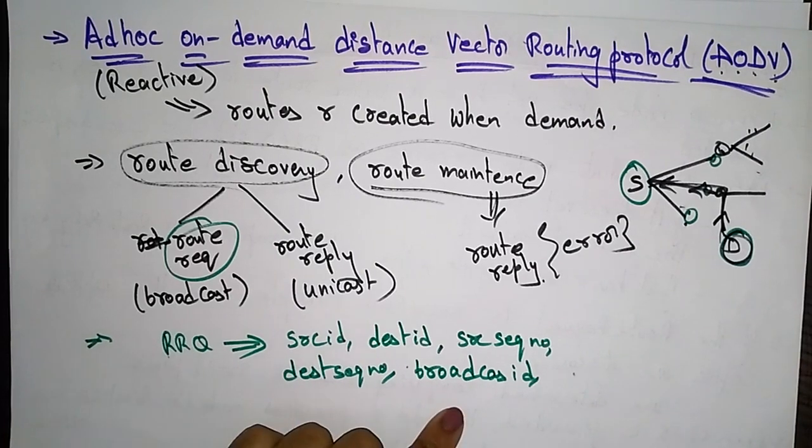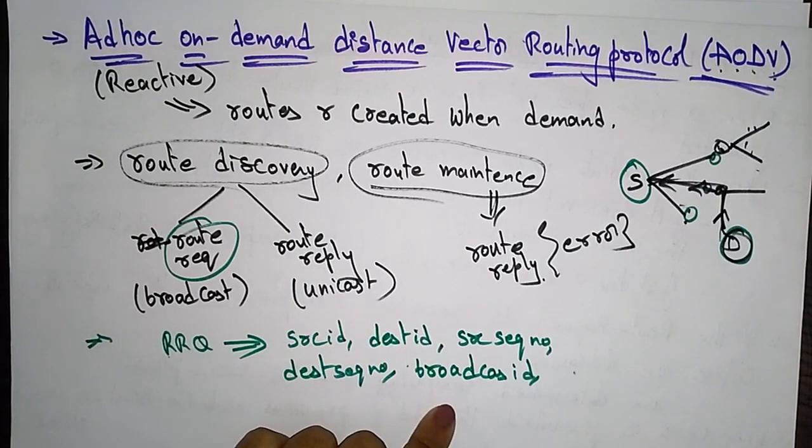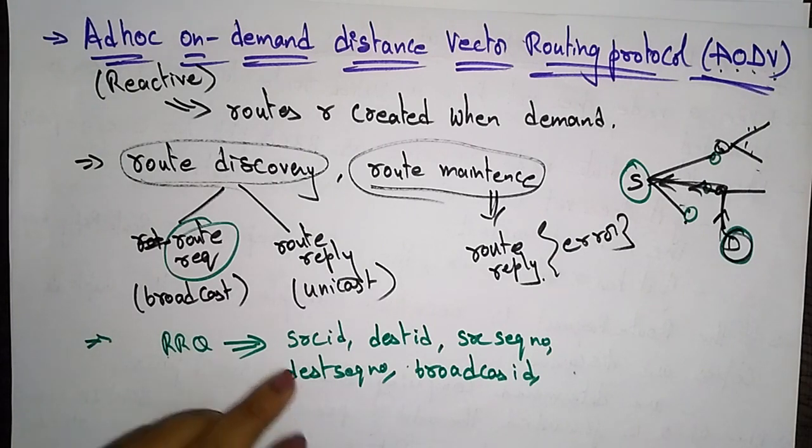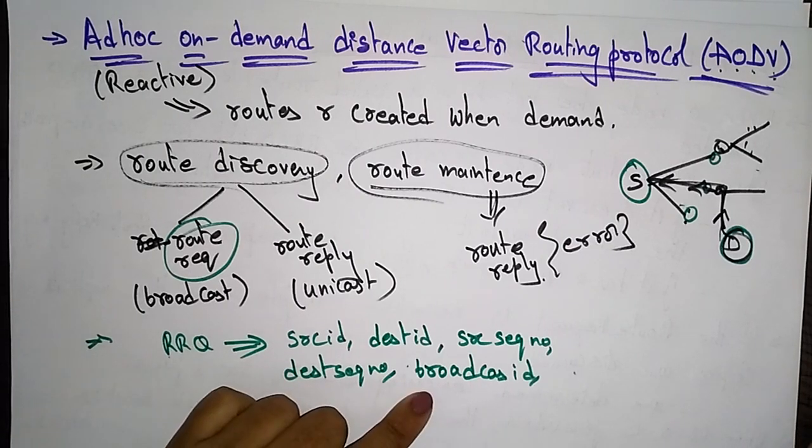The broadcast ID is used to discard multiple copies. Why do we use the broadcast ID in AODV? In the previous reactive example, only the source ID and destination ID were taken. But here in ad hoc on-demand, you need to take the broadcast ID also.